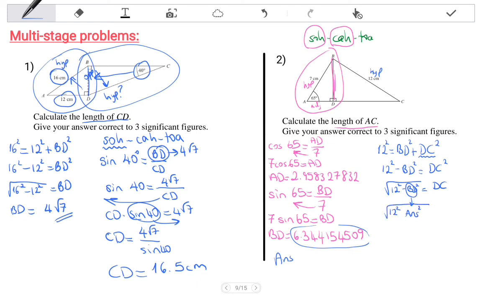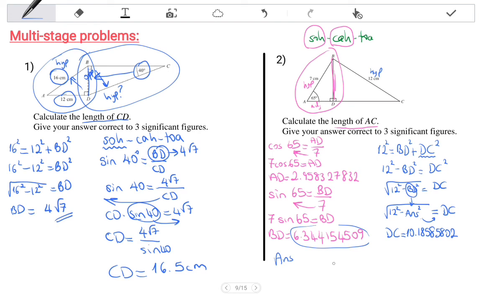So let me write it. Square root sign, 12 square minus ans square, and go outside with the arrow button to move outside of the square root and press equal sign, and you will have the value of DC on your display. This is another long number, 10.18585802. So we are one step away from our final answer.